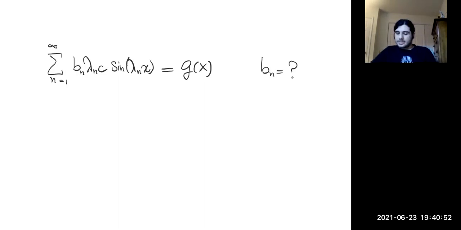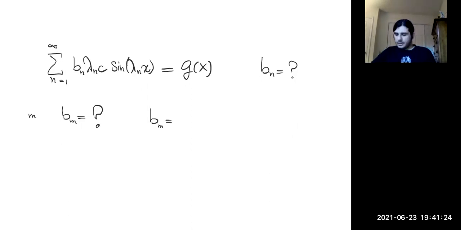Similar to what we did before, for some given natural number m, in order to find b_m we can multiply both sides of this equation by sine of lambda_m x, take the integral just as we did before, and then we can get what b_m is. If we do exactly what we did for a_n, we would get the result for b_n.